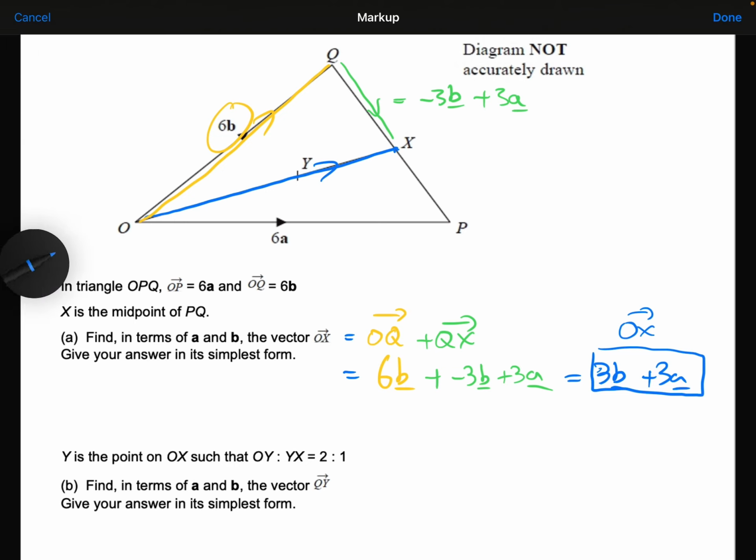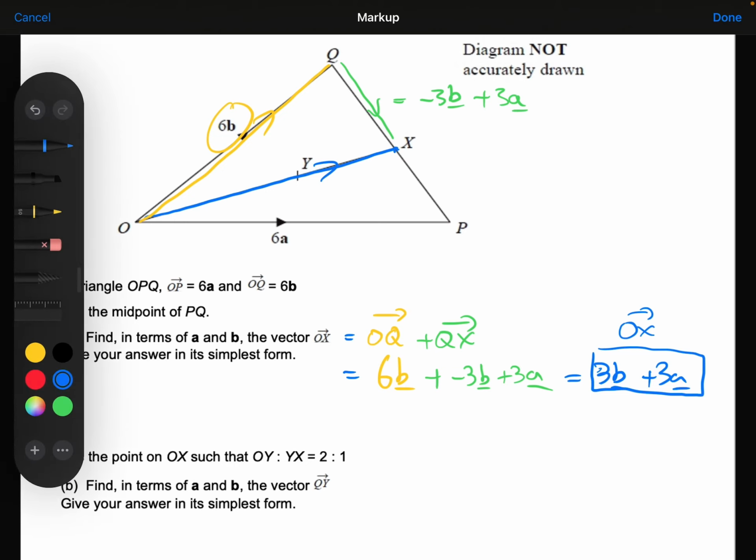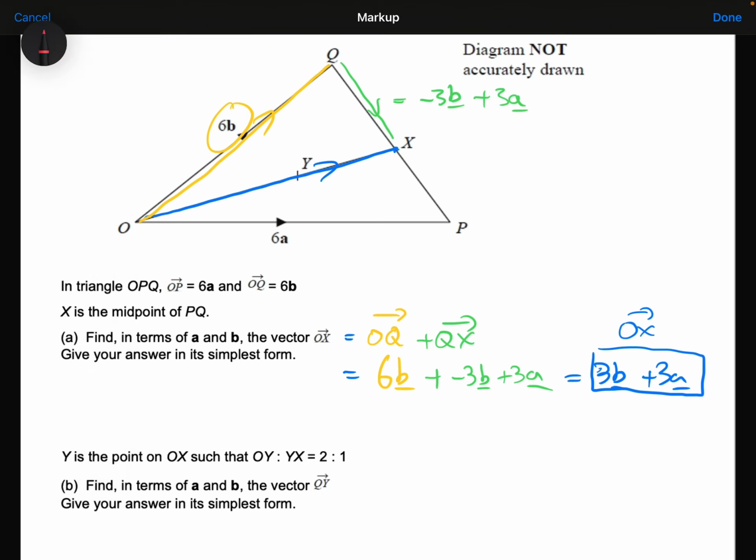We are then told that Y is the point on OX such that OY to YX is 2 to 1. So OY is 2 parts, YX is 1 part.